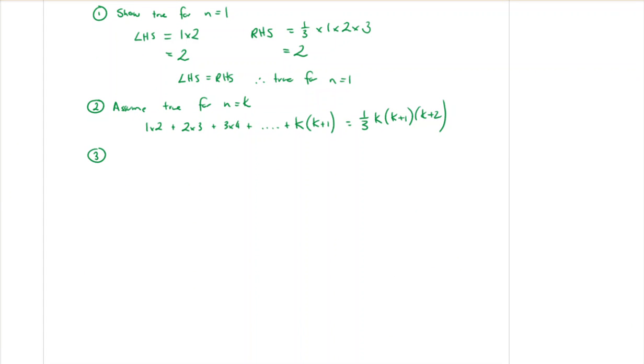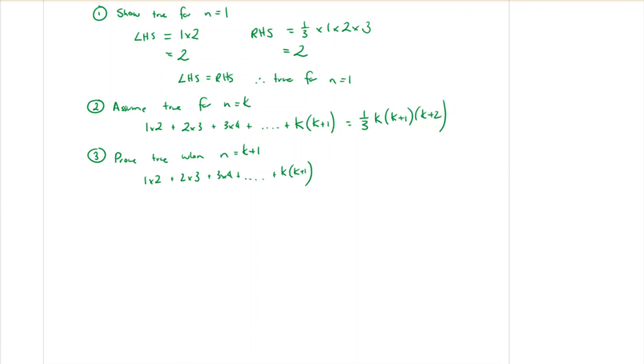Step 3, we want to prove true when n equals k plus 1. So first of all, we have to write down what our equation is when we have k plus 1 substituted in there. So it starts off with 1 times 2, and then plus 2 times 3 plus 3 times 4 plus all the way up to k bracket k plus 1.